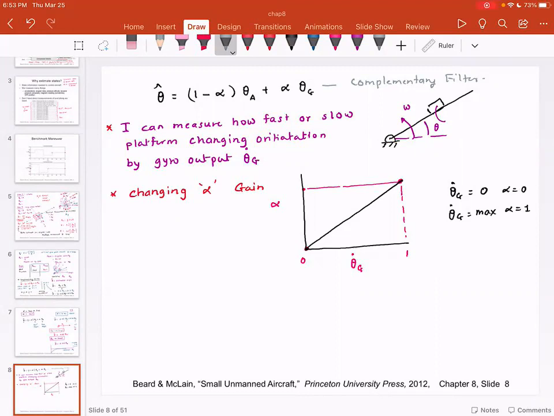Now, the key idea here is we looked at the complementary filter when mixing coefficient alpha is constant. We also came up with an intuitive algorithm wherein our mixing coefficient changes from 0 to 1, and that is dependent on how fast or how slow the orientation is changing.